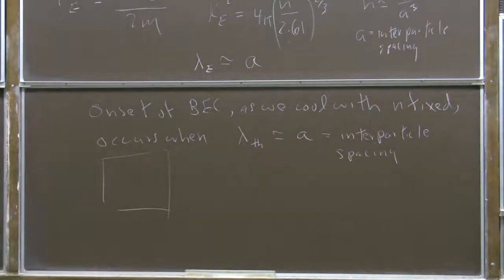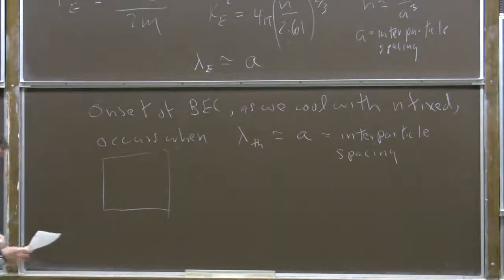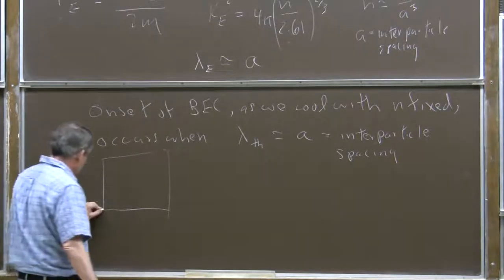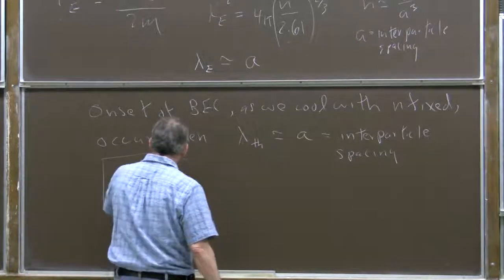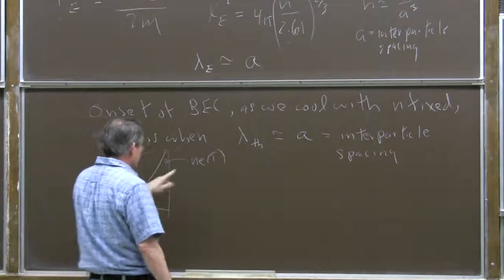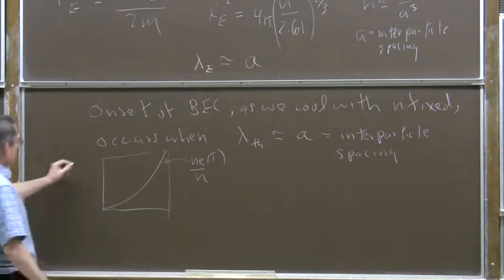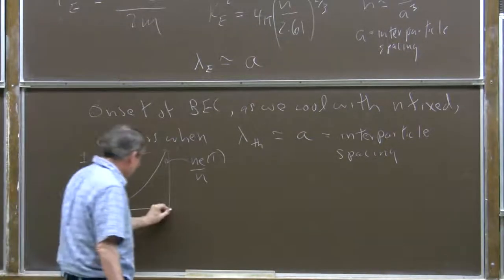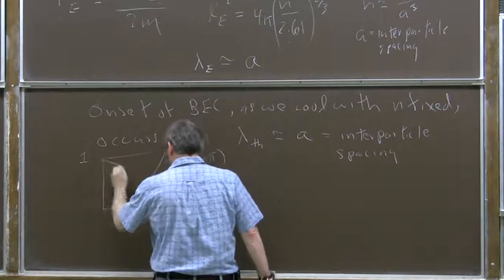So this temperature to the 3/2 power means that if I consider the density of particles in excited orbitals as a function of temperature, it turns on like tau to the 3/2. Let's suppose I normalize by dividing by the total concentration, so it goes to 1 at the Einstein temperature. At 0 temperature, all the particles are in the ground orbital.